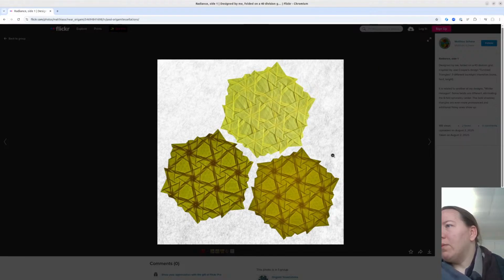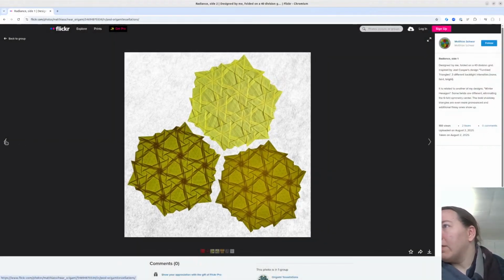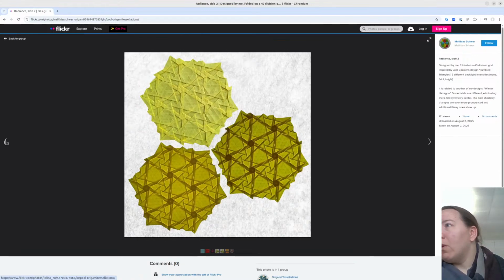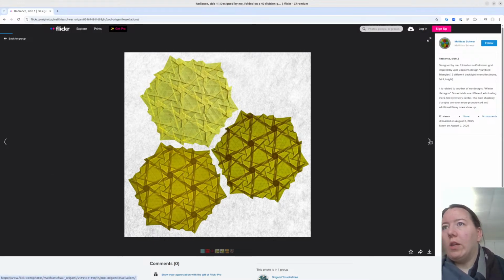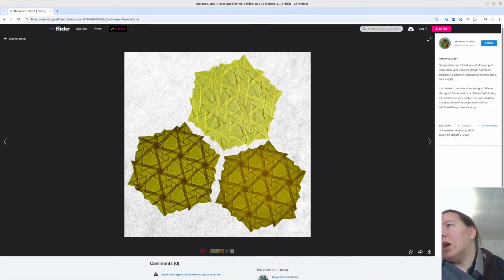So I'm going to look through. Luckily with this pattern, they did post the backside. So we do have that piece of information. But we can take a look here and say, okay, what's going on? What shapes are being used?